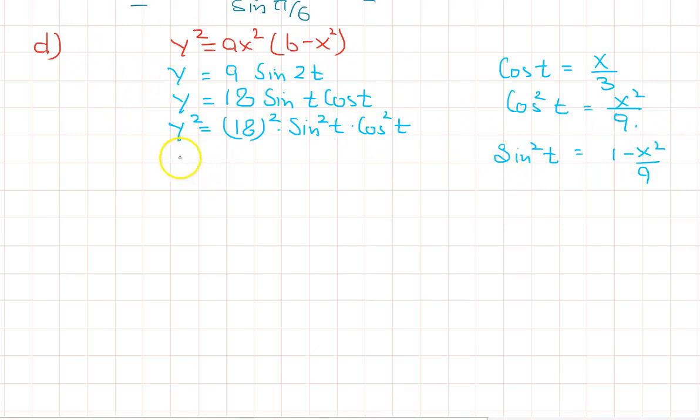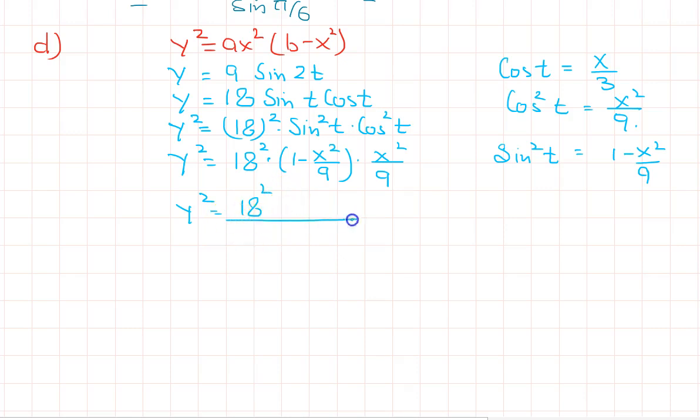So we put these values here. So y square is equal to 18 square, sin square t is 1 minus x square over 9 and cos square is x square over 9. So y square is equal to 18 square, this is 9 minus x square multiplied by x square, divided by 9 and 9.